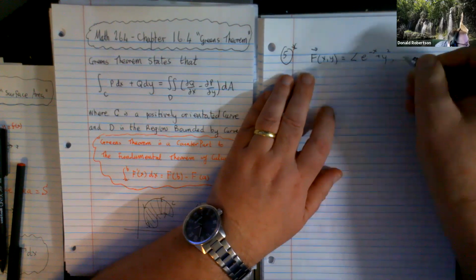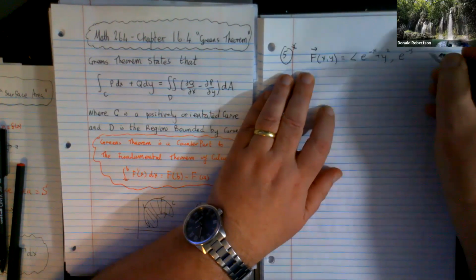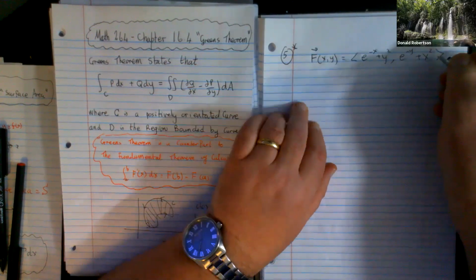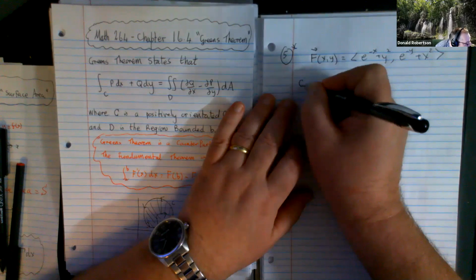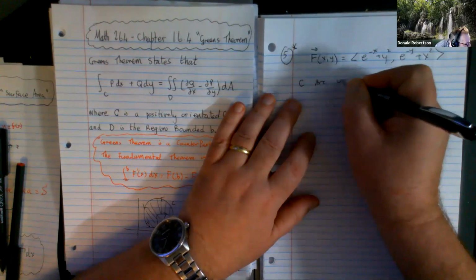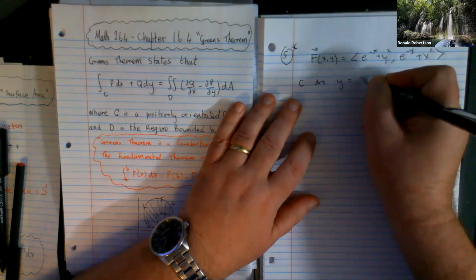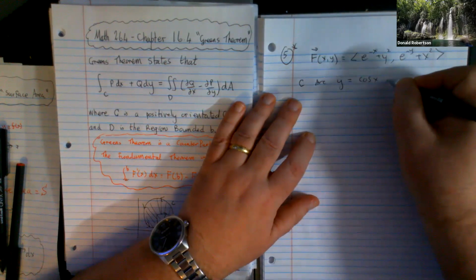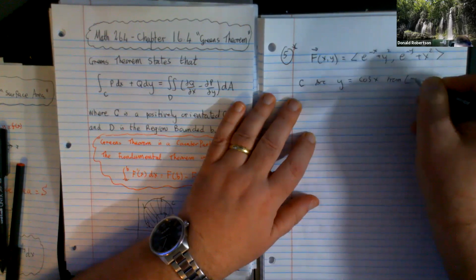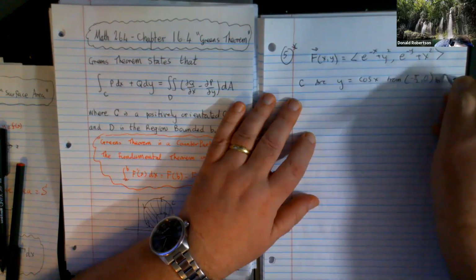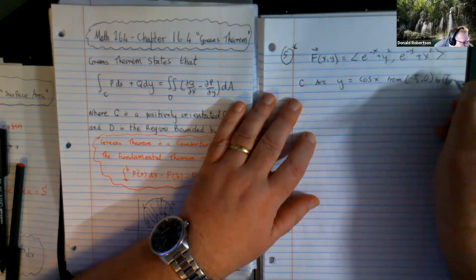It's this guy plus x squared. The curve C is an arc, y equals cosine x. And that arc goes from negative pi upon 2, 0 to pi upon 2, 0.